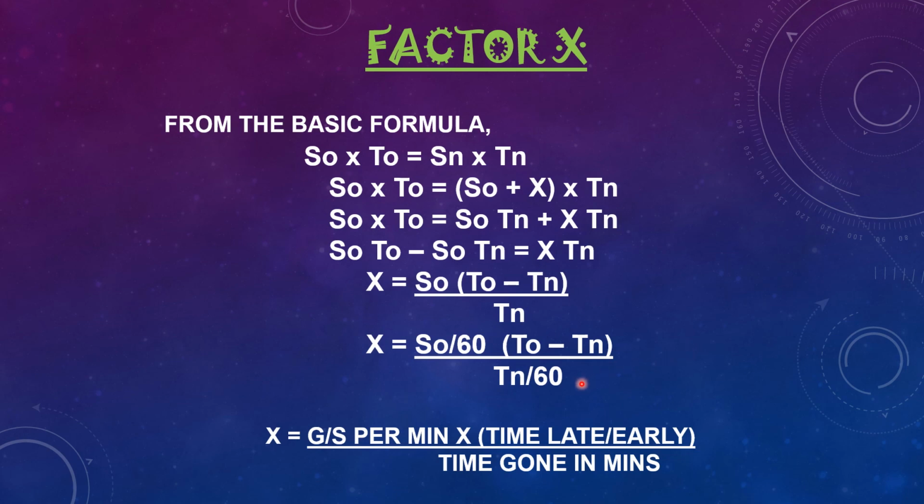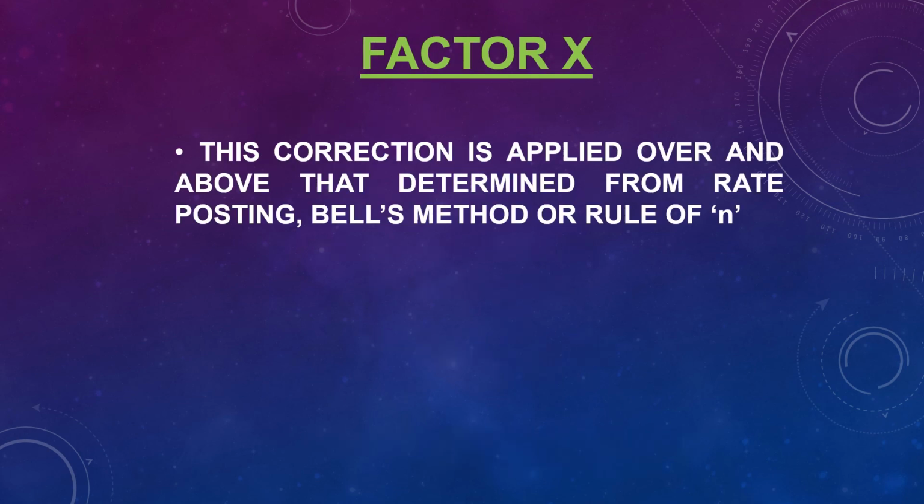Since the time lapsed will be in minutes, we can say that the factor x will be defined by ground speed per minute into the time late or early divided by the time gone in minutes. Remember that factor x is to be applied over and above the correction determined by the previously discussed timing action methods.